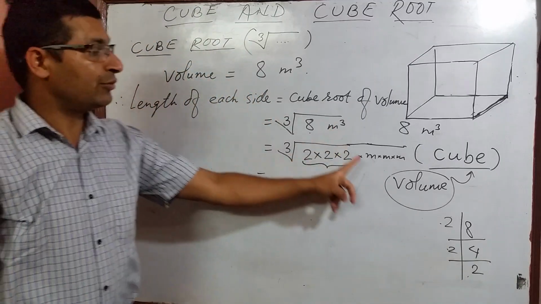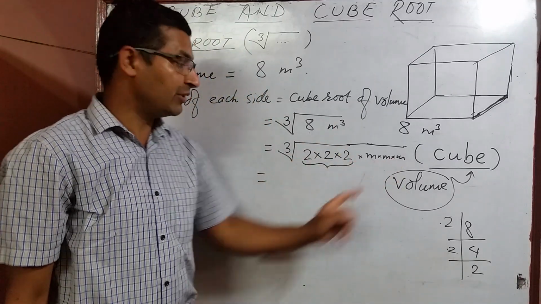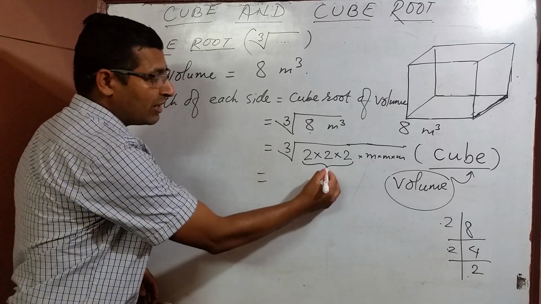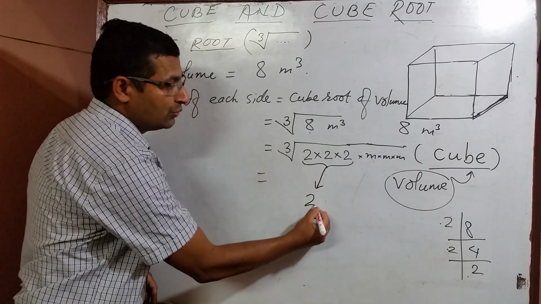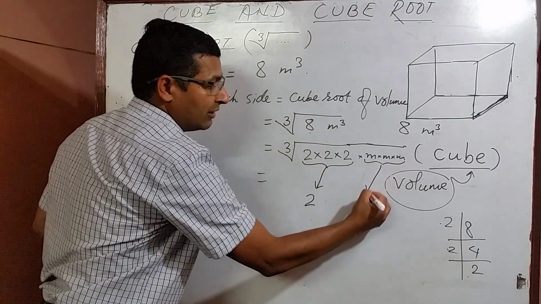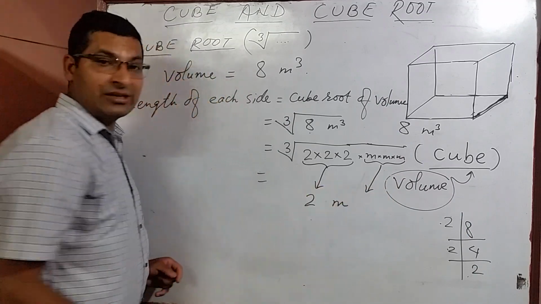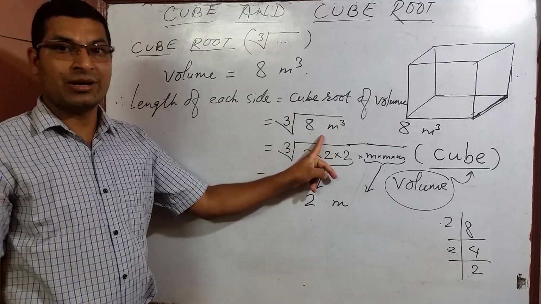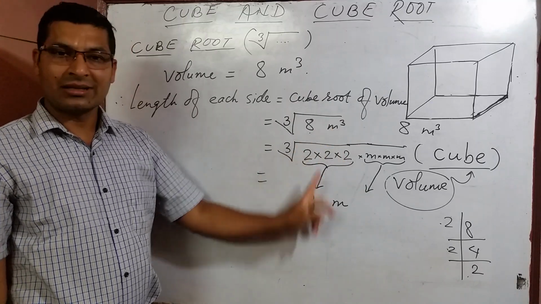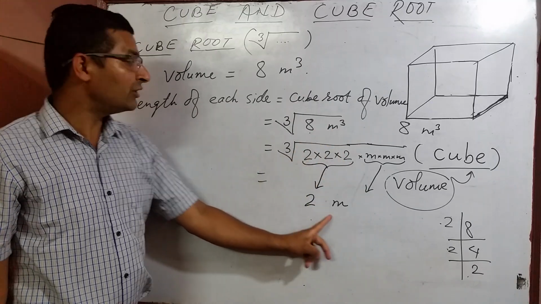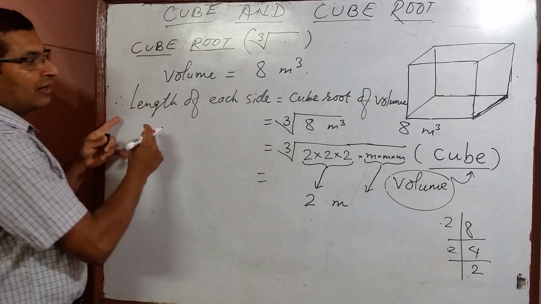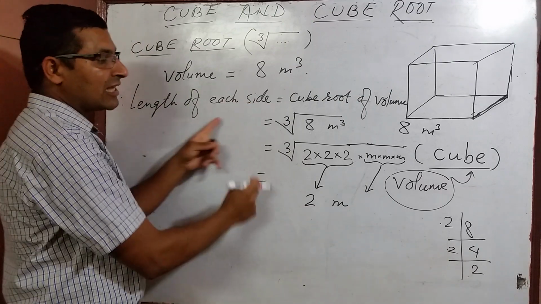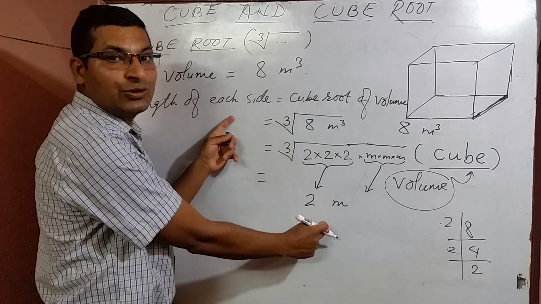Meter cube is written as meter into meter into meter, and if we take one of the identical factor 2, similarly from here only one symbol meter. This is the cube root of the given number 8. So this is the cube root, and length of each side is given by the cube root.